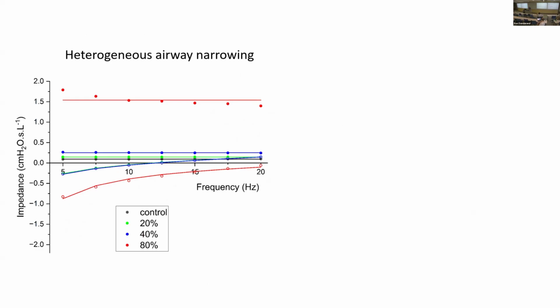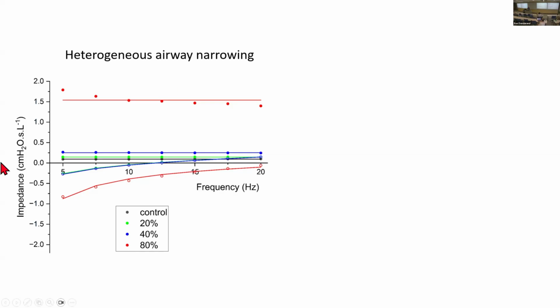So in other words, you have a uniform, symmetric and non-heterogeneous airway tree, which is the control situation. And then you go through every single airway, you pick a random number and narrow it anywhere from no narrowing to 20% narrowing spread across the whole airway tree. That's the green. Or anywhere from nothing to 40% narrowing, that's the blue, or anywhere from nothing to 80% narrowing, which is the red.